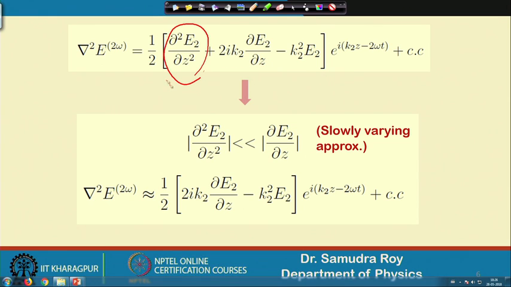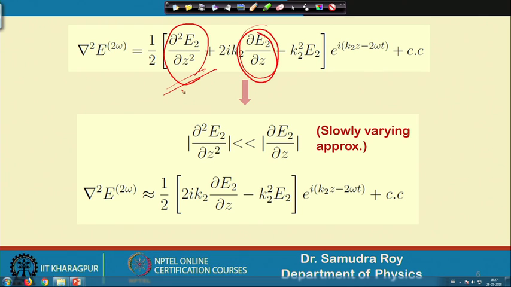The amplitude is varying slowly, so we will have only the first order derivative term of that. The second order derivative we will not take into account. After putting in this slowly varying approximation, the equation is significantly simplified, because we basically remove the second order derivative term from the entire system.